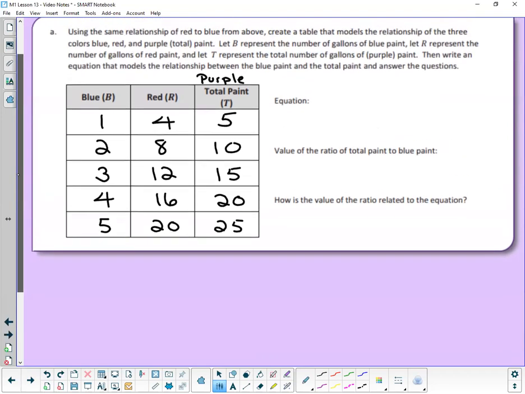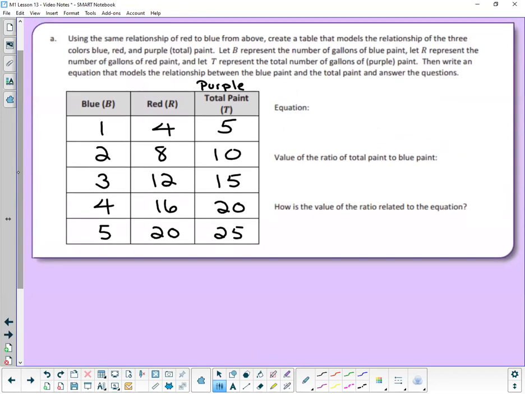All right, let's see what else it tells us to do here. Then it says, let B represent the number of gallons of blue, let R represent the number of gallons of red, and T represent the number of gallons of purple. Then write an equation that models the relationship between the blue paint and the total paint and answer the questions.